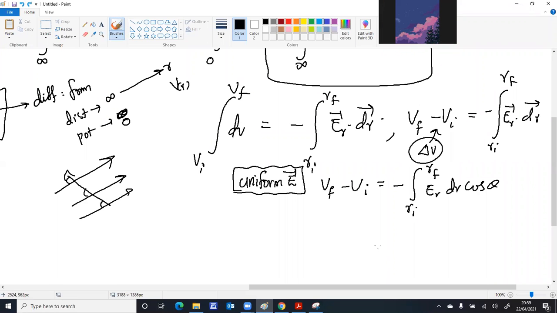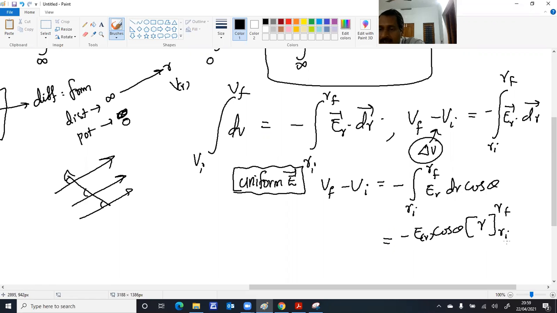Yes, sir. This will go as minus E cos theta. What will be integral dr? It will be R, in the limit R initial to R final.